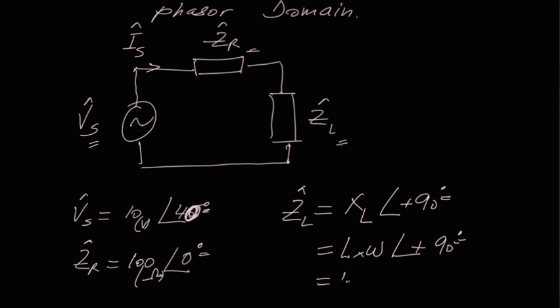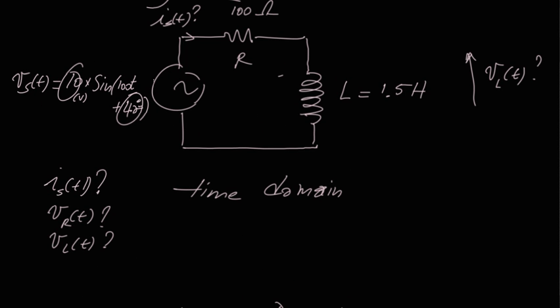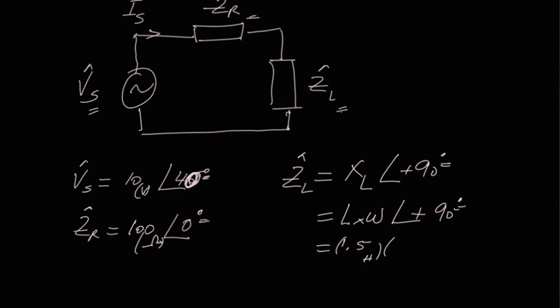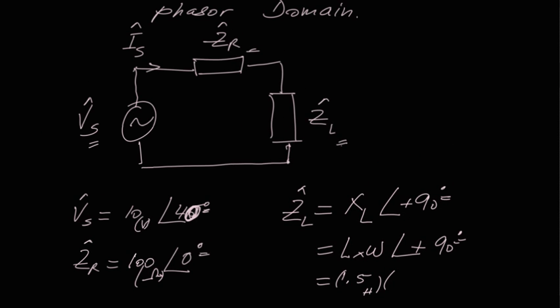And omega, if we go back to the expression of Vs, here's omega, it's 100. So it is 1.5 times 100, and the angle is plus 90 degrees. So it's 150 ohms, and the angle is plus 90 degrees.